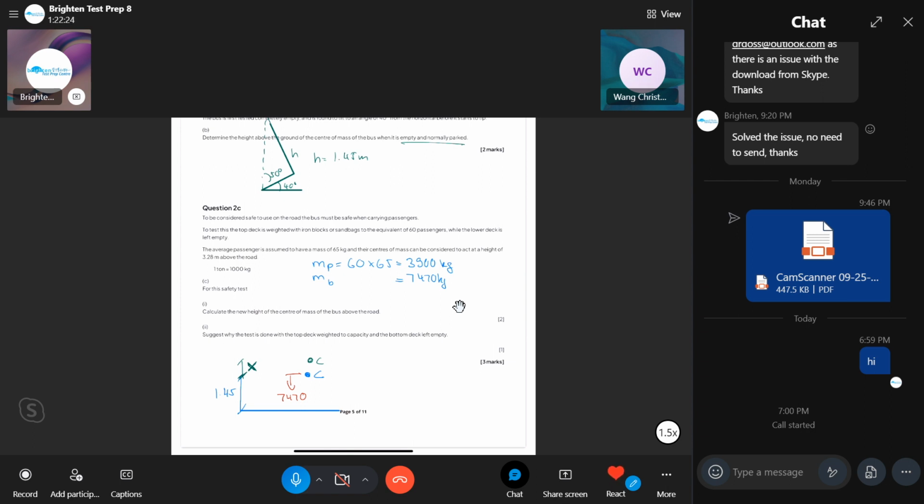And like you said before, now there's a new one, and it says that the passengers had a height of 3.28. So I can put it here. It doesn't matter if I do it on the left or the right hand side. This is 3.28 meters.